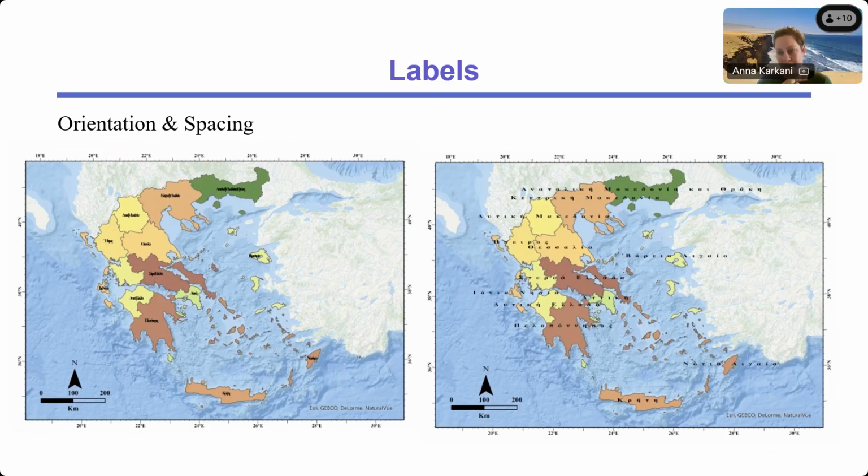You have to play, because in this case, it's very easy to fit all the labels in the places that we want in this map. But if you were in another map, you might have needed to make it better by some of your labels being straight and some being placed in a different way.